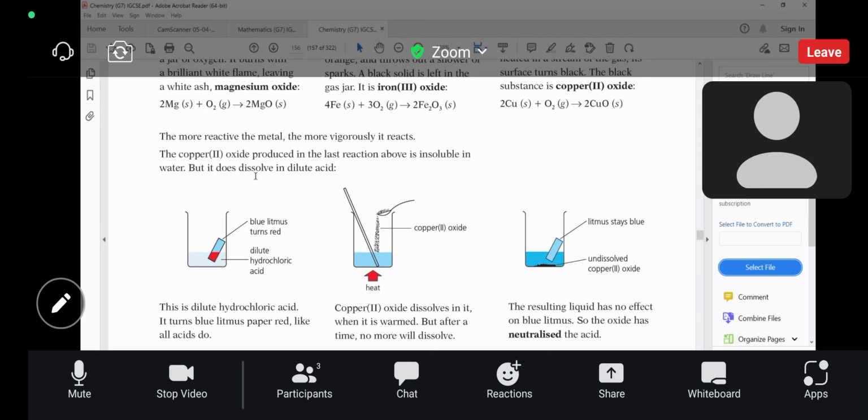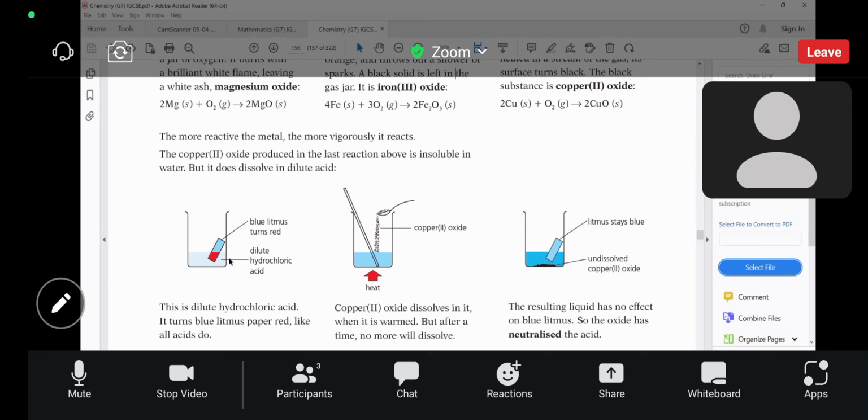So, this copper oxide is insoluble in water, but it is soluble in dilute acid. You can write in this way. Now, the copper 2 oxide produced in the last reaction above is insoluble in water, but it does dissolve in dilute acid.